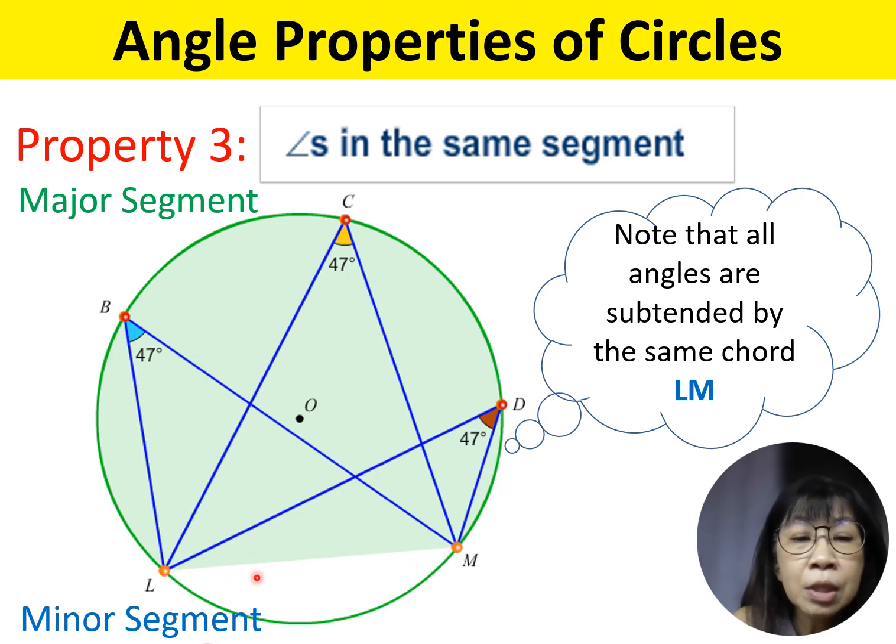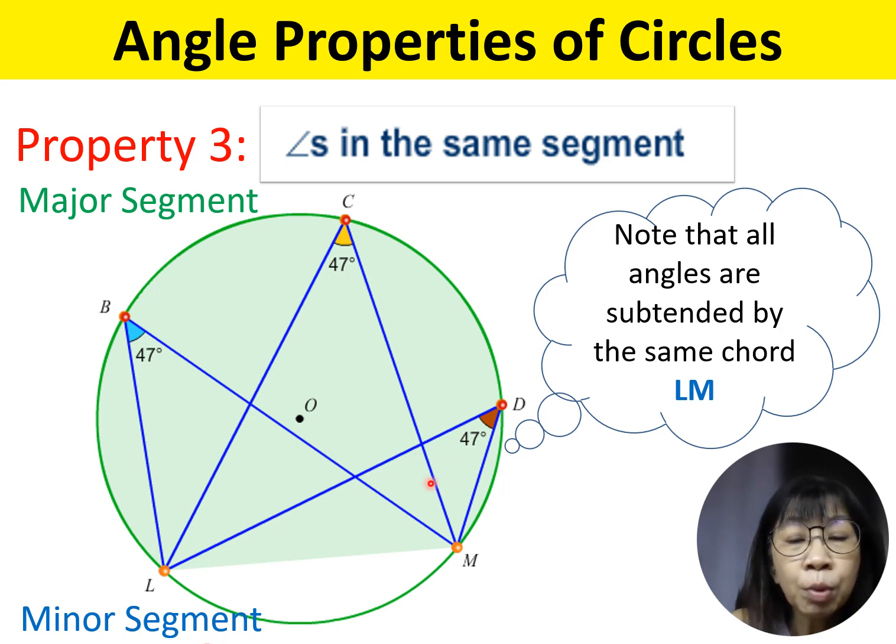You'll notice that angle LBM, angle LCM, and angle LDM are all angles from the major segment. So in this property, angles in the same segment are all equal.